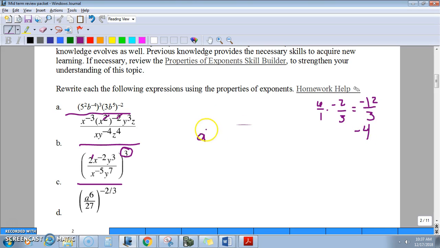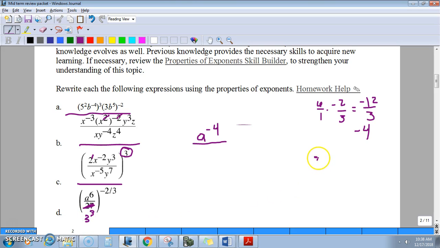So this is actually just going to be a to the negative 4th over, I'm going to do the same thing. So 27, oops, not 27, but, you know what I might do though is 27 is the same as 9 squared or 3 cubed. So I'm going to change 27 to be 3 cubed right here.